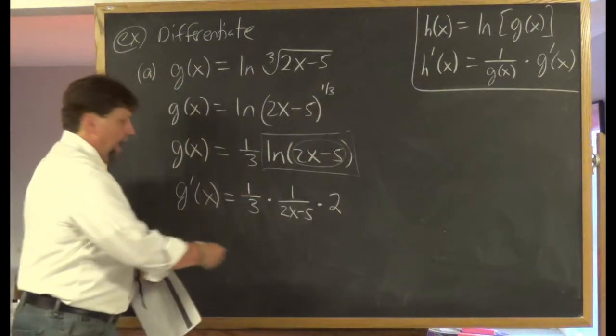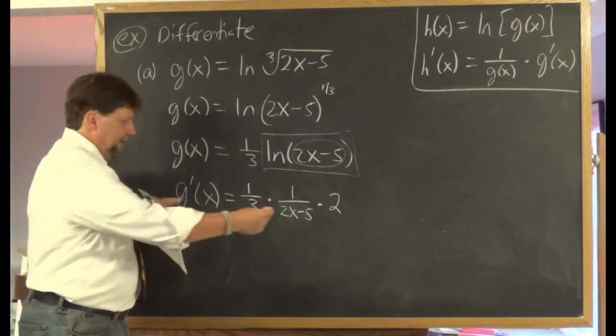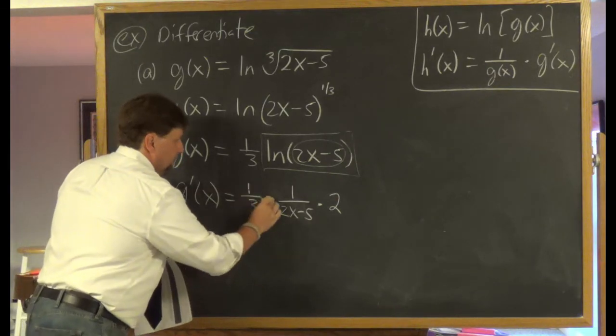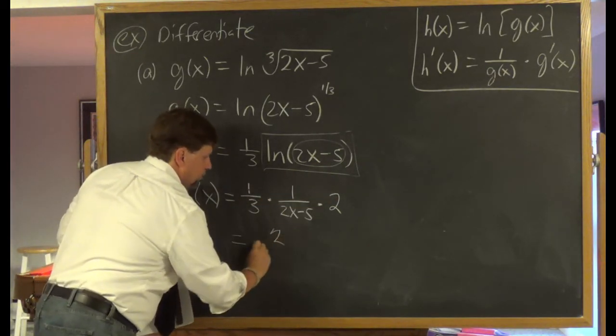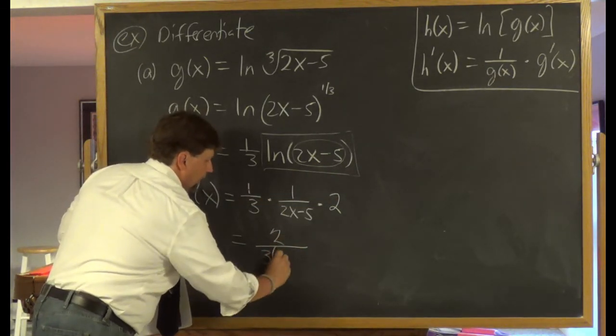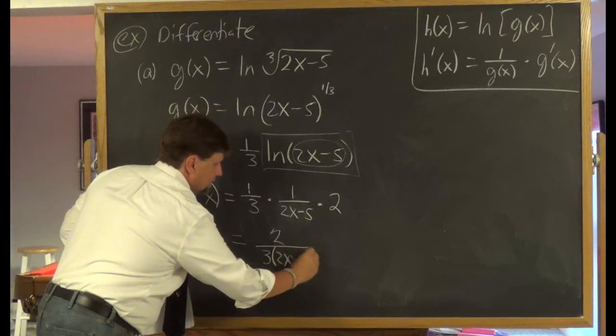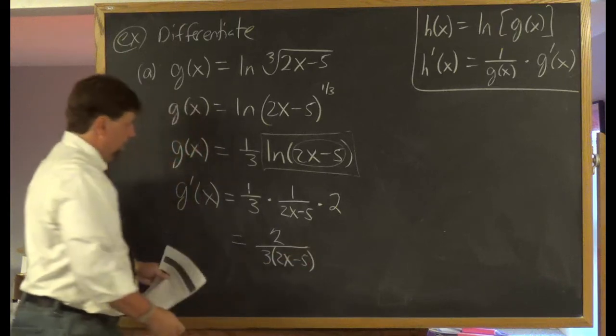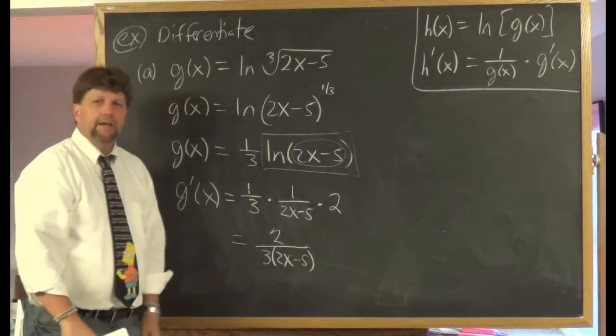And, you know, I would probably instinctively here multiply those three fractions together. 1 times 1 times 2, so it gives me a 2 over 3 times 2x minus 5. So I would just naturally do that, and I'd say, hey, there it is. That's the derivative.